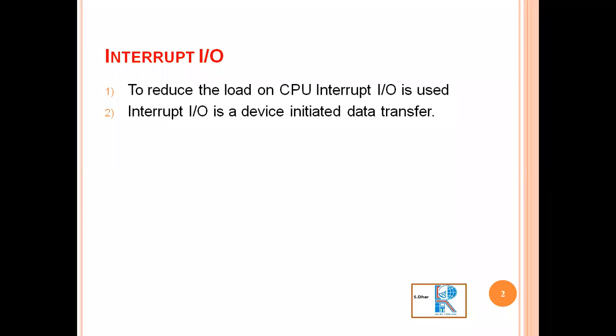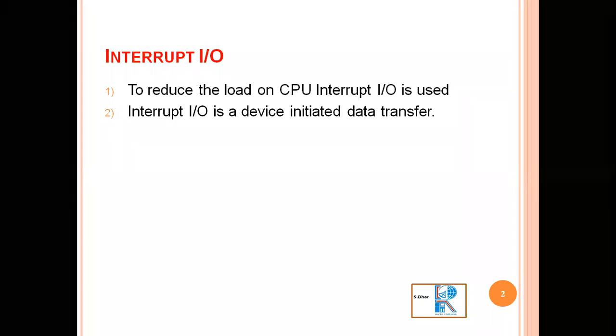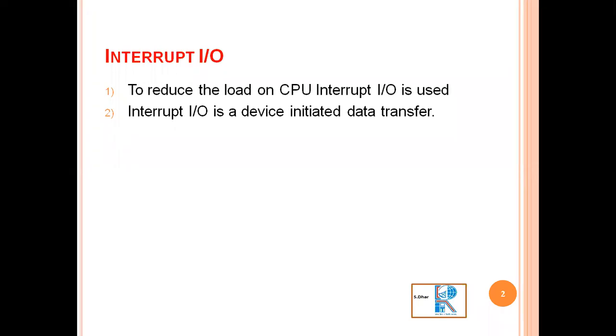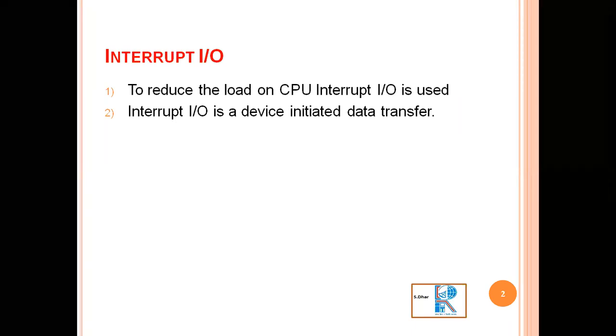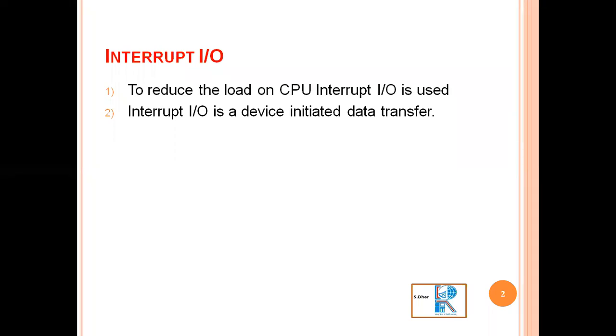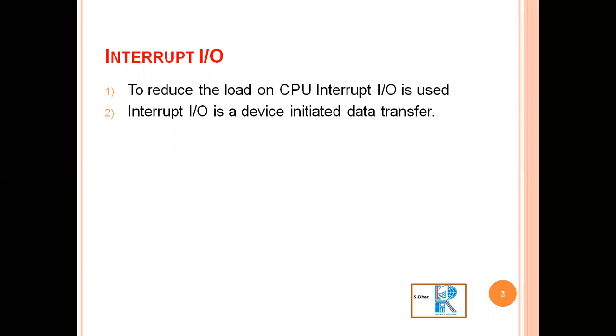So in the interrupt I/O, to reduce the disadvantages of the programmed I/O, the interrupt I/O is used. This is another technique for communication of the CPU with the I/O. In the interrupt I/O, the load on the CPU is reduced.